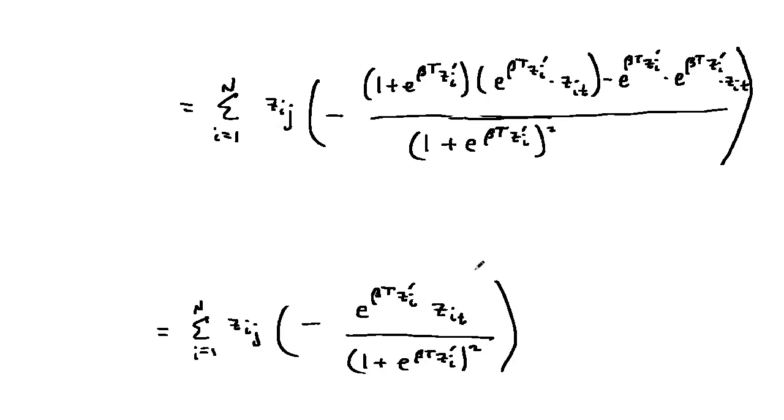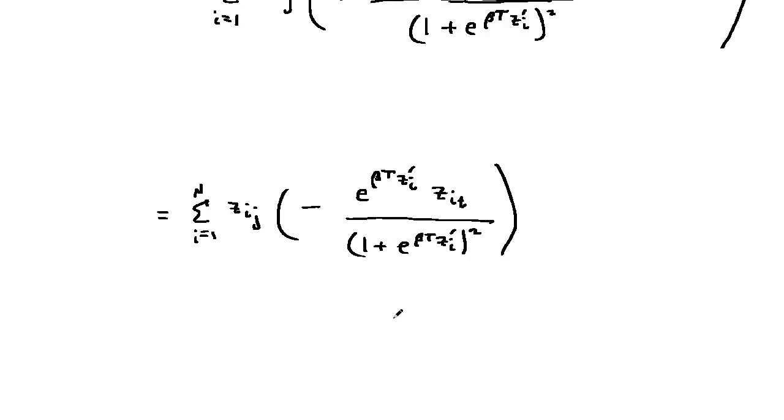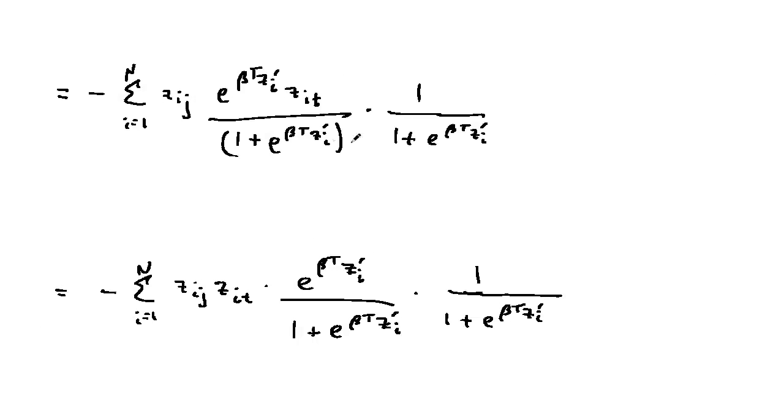So we get this here. Notice that we have 1 plus e to the beta transpose z_i prime squared here in the denominator. Let's break that apart into two pieces. Okay, so we pull out 1 over 1 plus e to the beta transpose z_i prime like this.